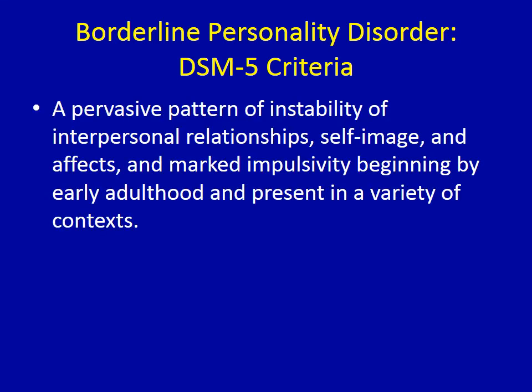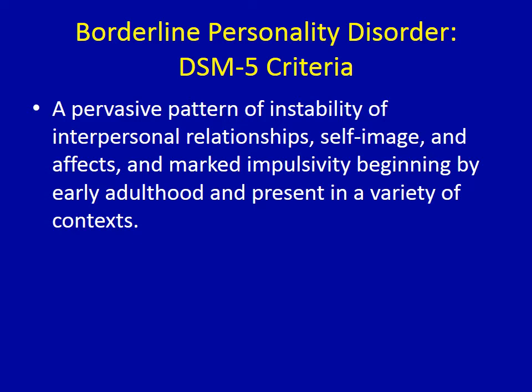So here we'll talk a little bit more in depth about how that is operationalized in the DSM criteria for the disorder. So the overall DSM criteria for borderline personality disorder is that it is characterized by a pervasive pattern of instability of interpersonal relationships, self-image and affect, and marked impulsivity, beginning by early adulthood and present in a variety of contexts.